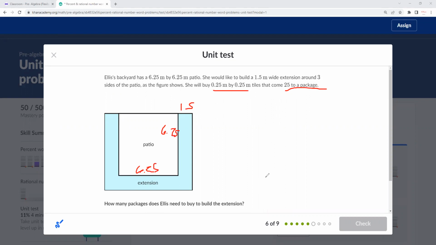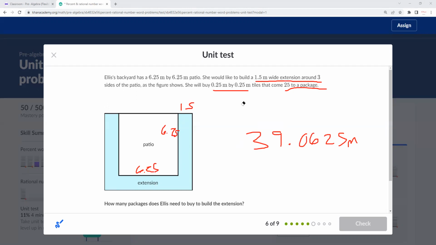Okay, so the patio itself is about 39.0625 square meters. She's trying to build an extension that's 1.5 meters wide around 3 sides of the patio. So we need to see how big this entire thing is.